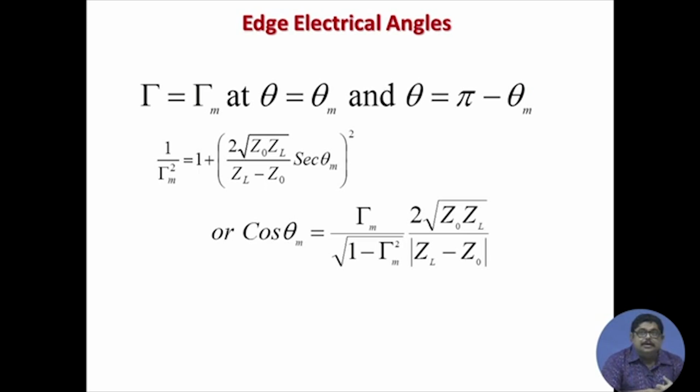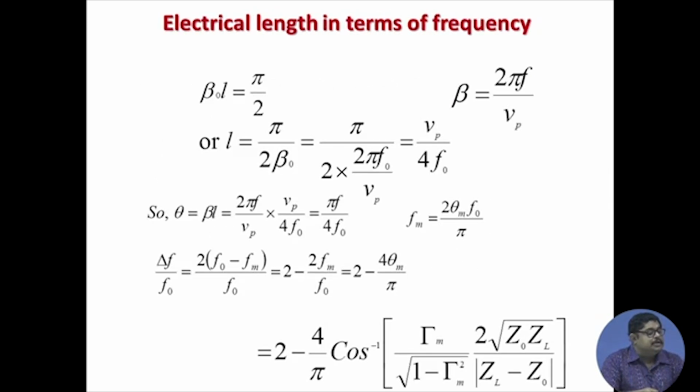Generally this gamma m is specified, that is, the maximum VSWR you can tolerate; from that you can find the maximum reflection coefficient you can tolerate, and then the value of your theta m.